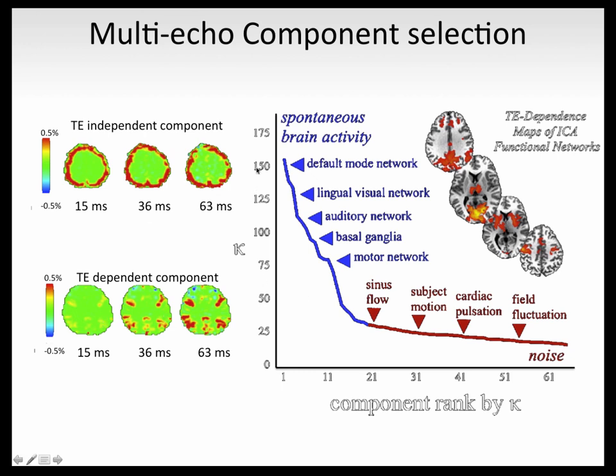So if you rank the image components as a function of whether or not they scale with the 3 echo times that you're taking in this particular case, you can pull out all of the resting state networks that will be talked about later and separate them from all of the noise that we don't necessarily want.